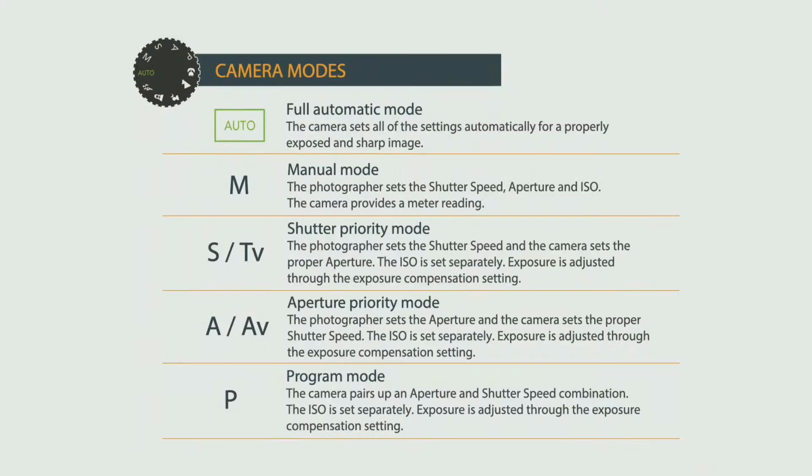Avoid it. But then you have something which is called the program mode. The program mode is actually a combination of the aperture and shutter, and you can manage the ISO separately. The program mode can be managed depending on the camera brand that you're using. Every program mode comes with specialities in terms of the combinations it is giving you.